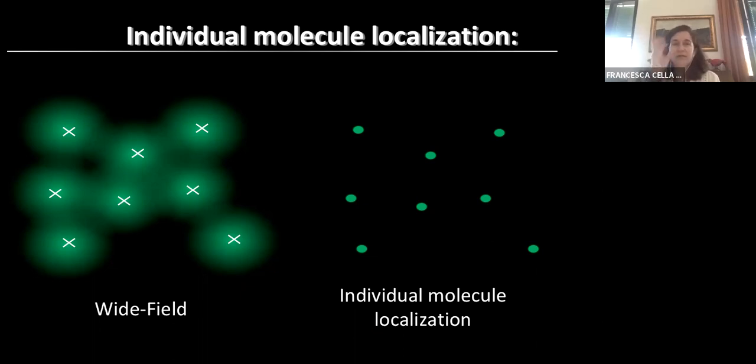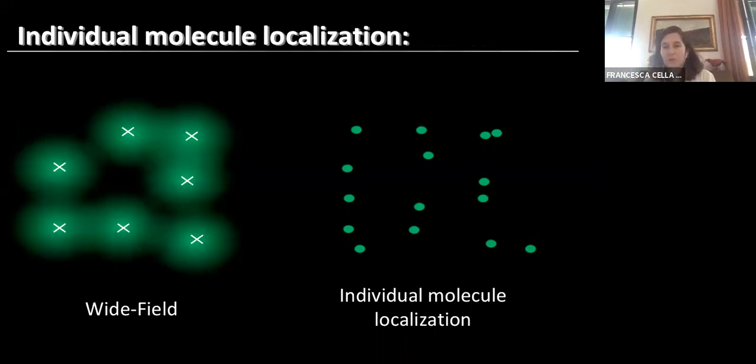And since they are separated, we can identify by processing, or we can compute, the center of each molecule, so the centroid of each spot. We can map the center, and then we can switch the molecule off, because we saw that we can move from the on to the off state in a controlled way.